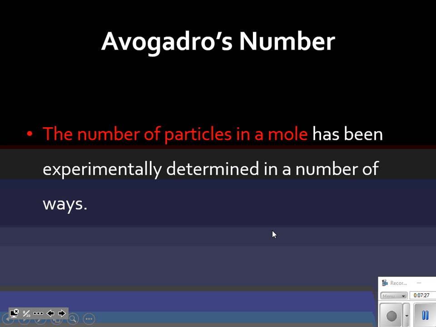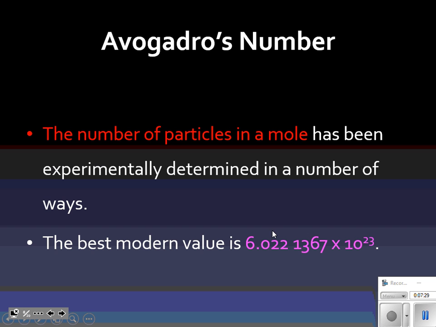We can say that the best modern value associated with the number of particles in a mole is 6.0221367 times 10 to the 23rd. So that is the best value given for Avogadro's number.